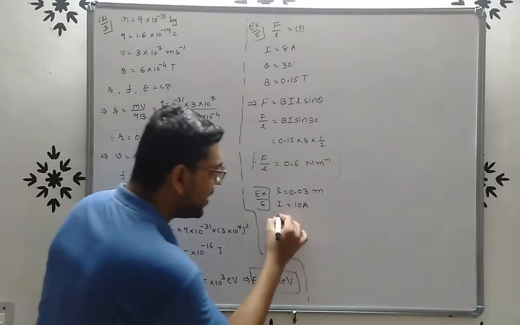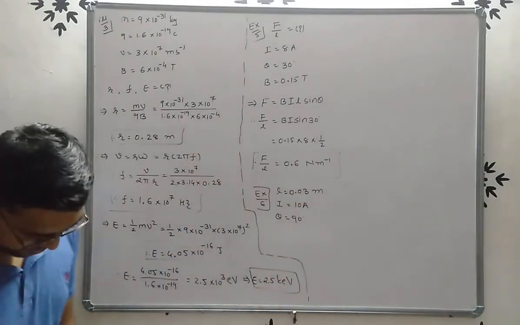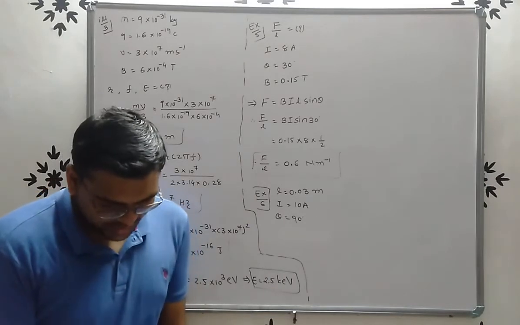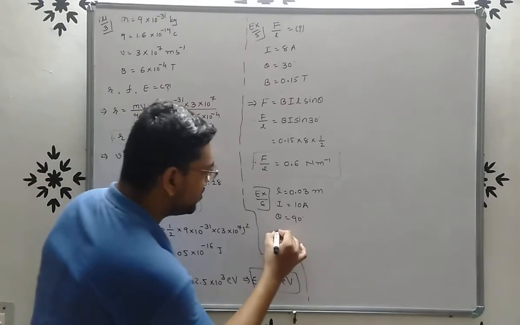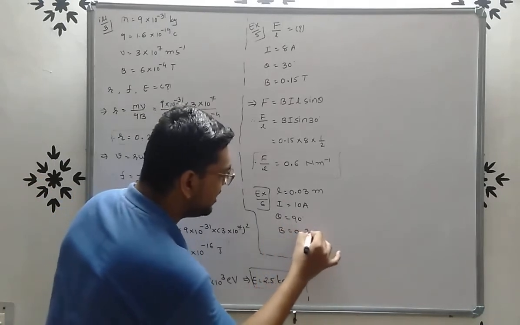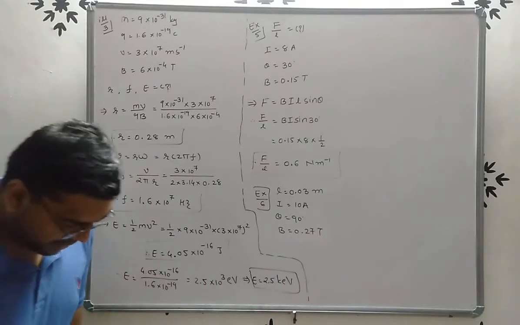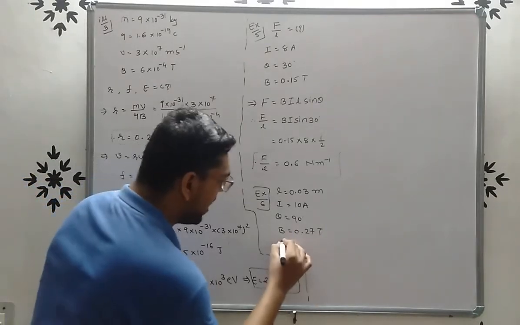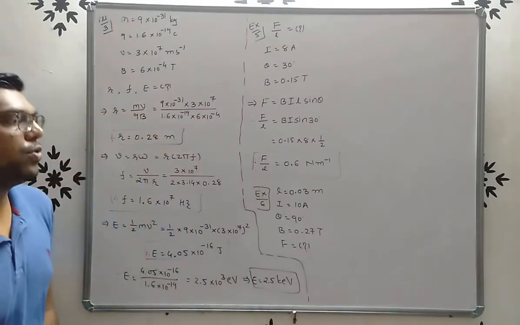So here perpendicular, so theta will be 90 degree. The magnetic field inside the solenoid is given to be 0.27 Tesla. So here B is 0.27 Tesla. We have to find out the magnetic force on the wire.